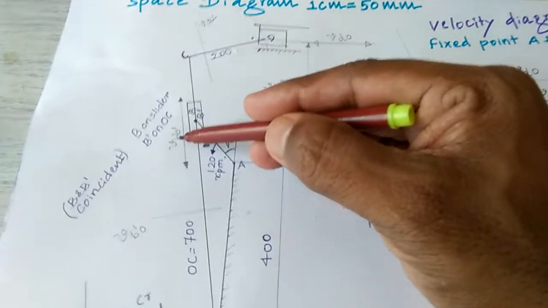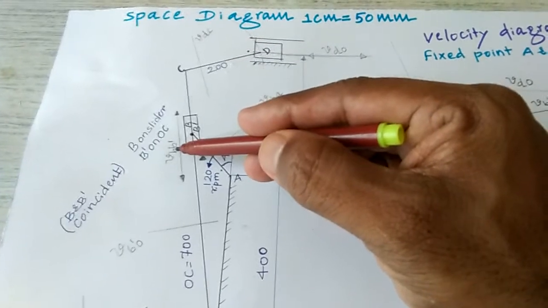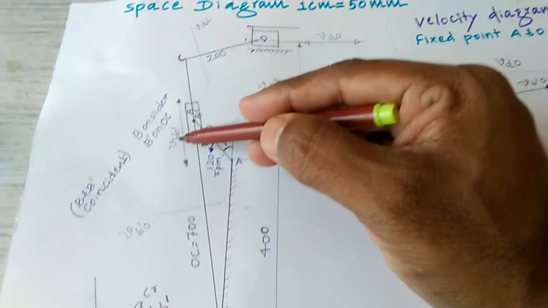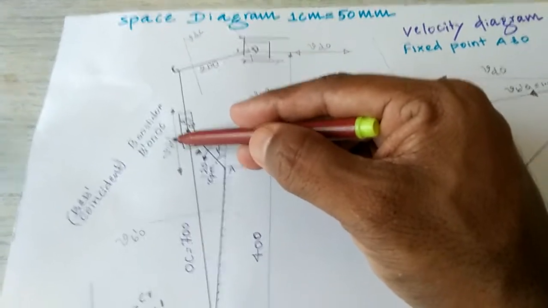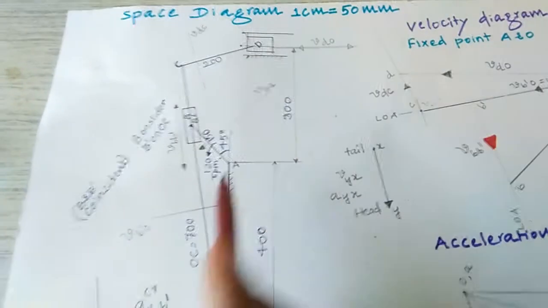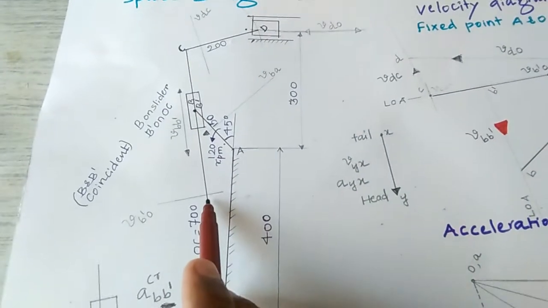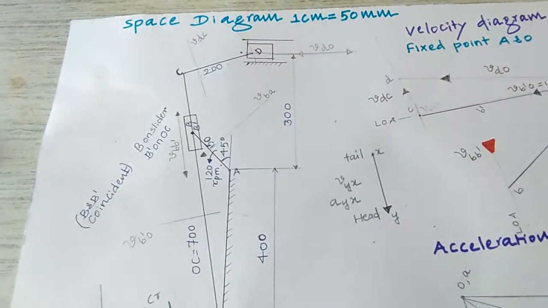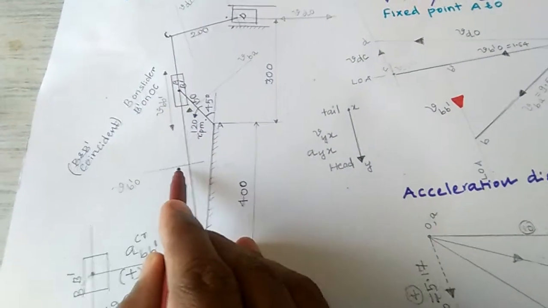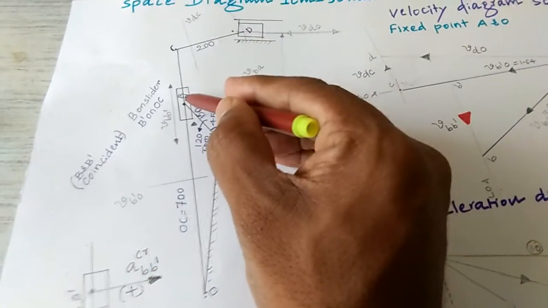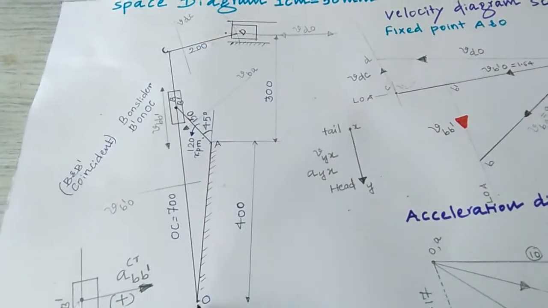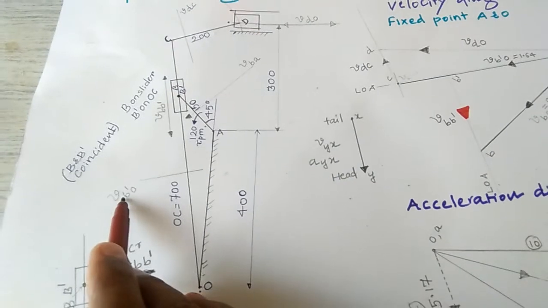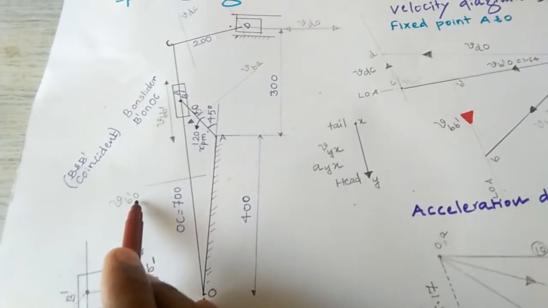I will determine the velocity of B with respect to B dash, because B is a slider, so you have to find the velocity of B with respect to B dash. At the same time, this is a slider, so it is linear along OC. Then once again the velocity comes as B dash with respect to point O. You have to find the velocity of B dash with respect to O also.